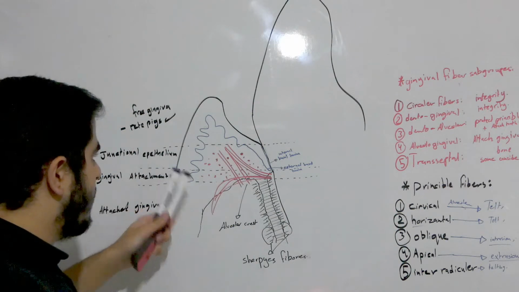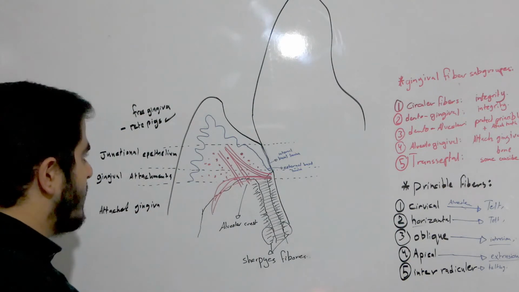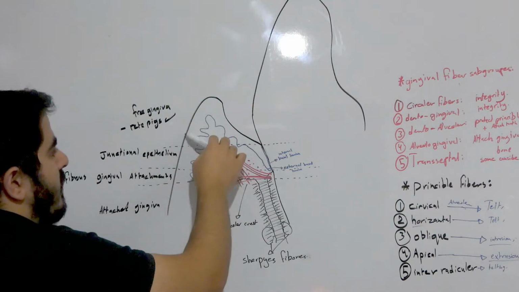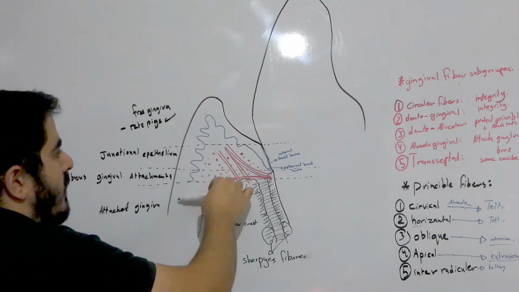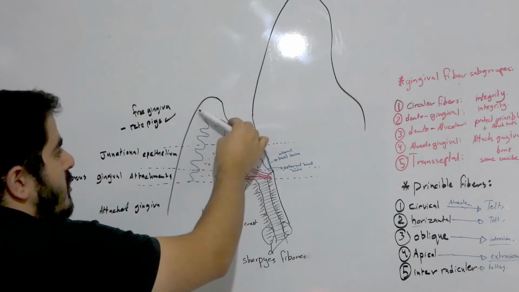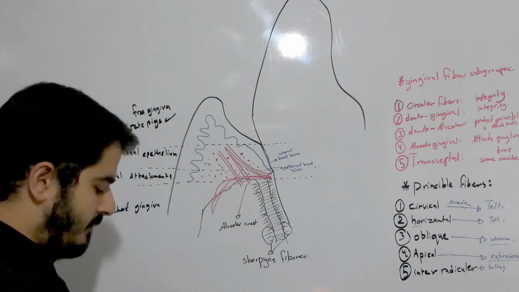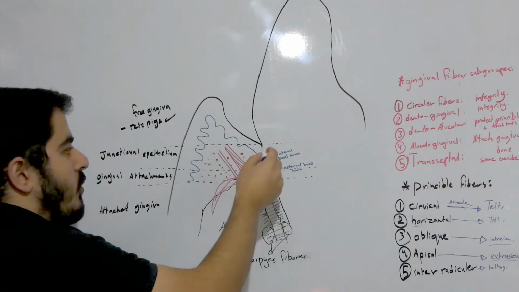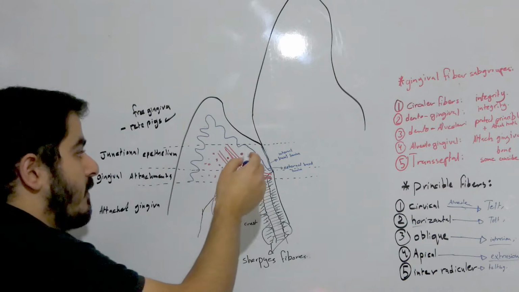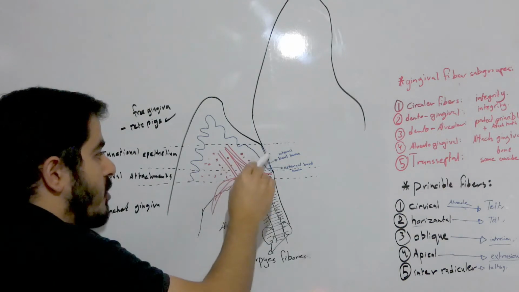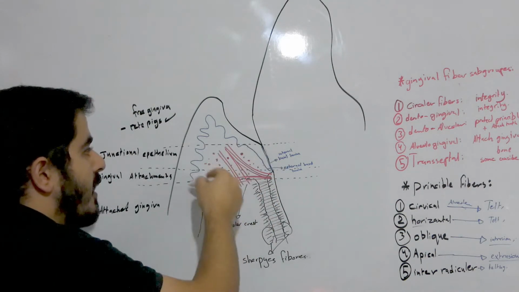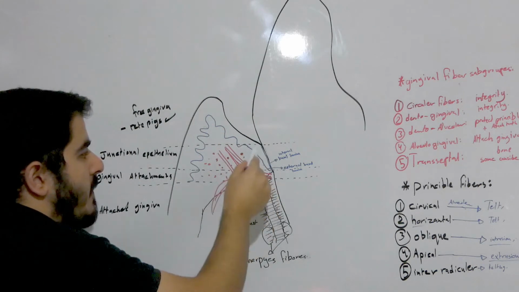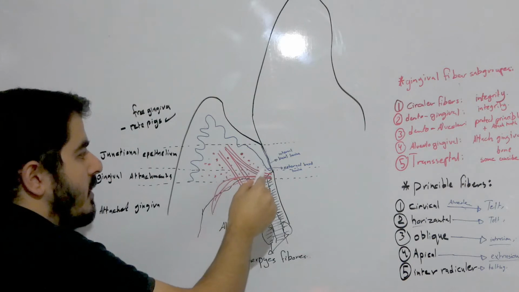It is keratinized and characterized by the presence of rete pegs. Rete pegs are present in attached gingiva and free gingiva. The most histological difference to differentiate between the junctional epithelium and the attached gingiva and free gingiva is that the junctional epithelium doesn't have rete pegs.